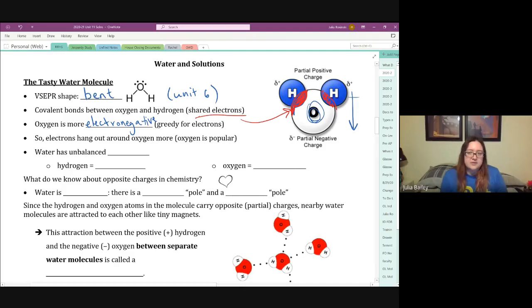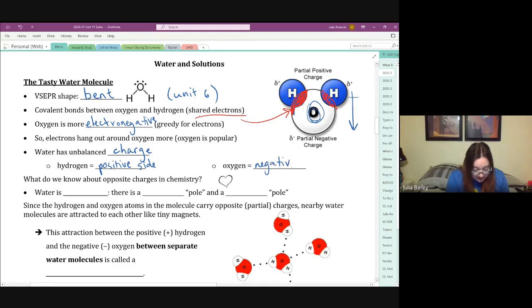The oxygen's popular and the hydrogen is not. That means that water has an unbalanced charge. So the hydrogen is the positive side, and the oxygen is the negative side.